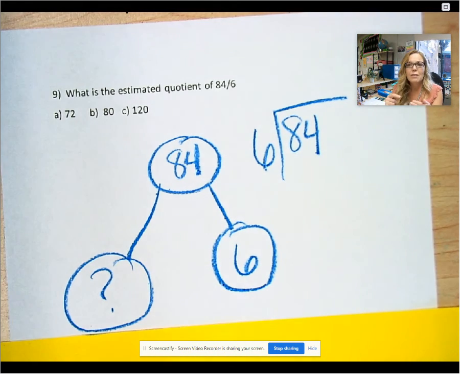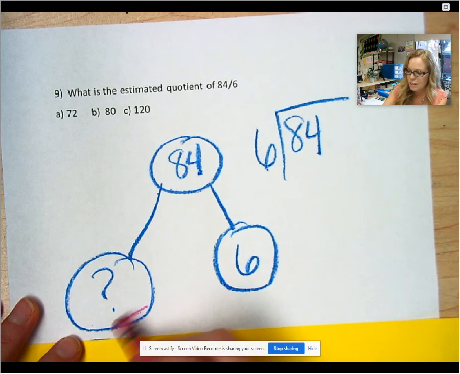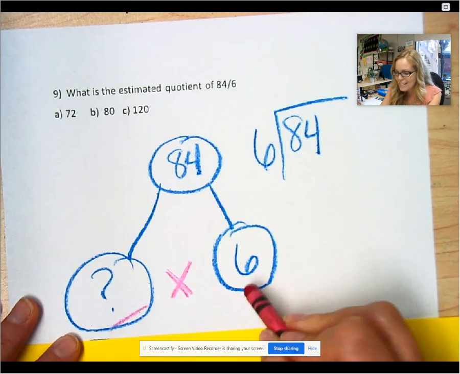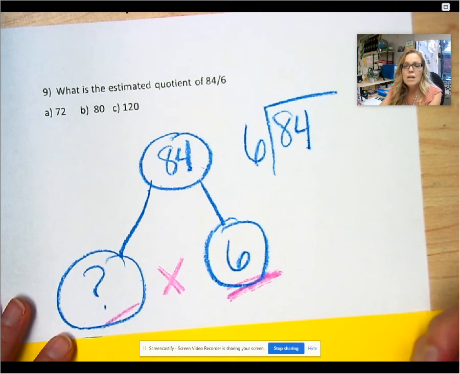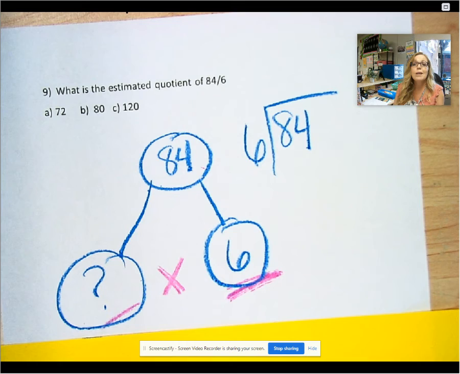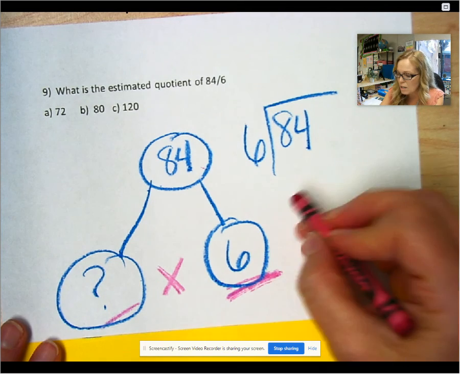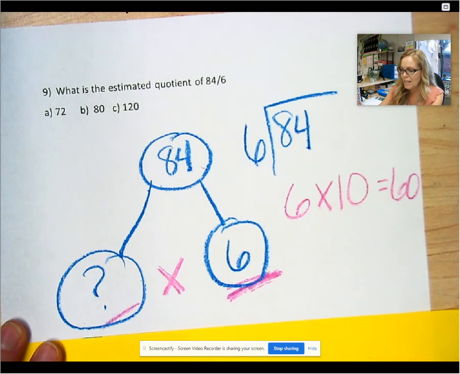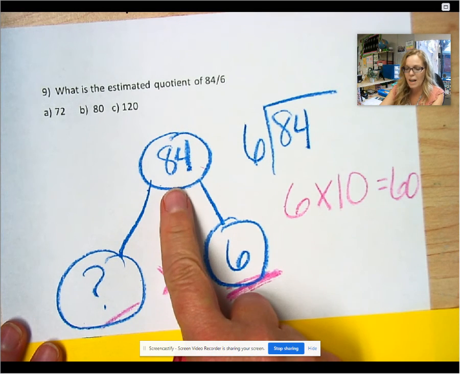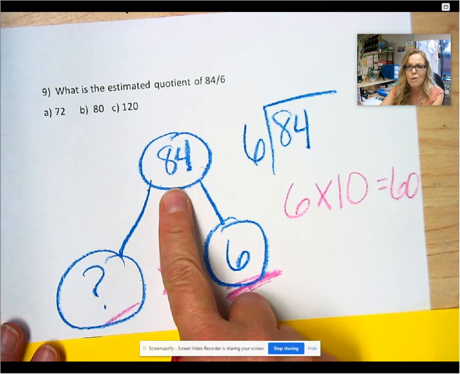However, if we turn that around and use it as multiplication, then we say question mark times 6 is going to give me 84. So then I can take what I know about my 6's, right? And I can say, well, 6 times 10 is 60. Oh, that's not quite high enough. I need to get up to 84.